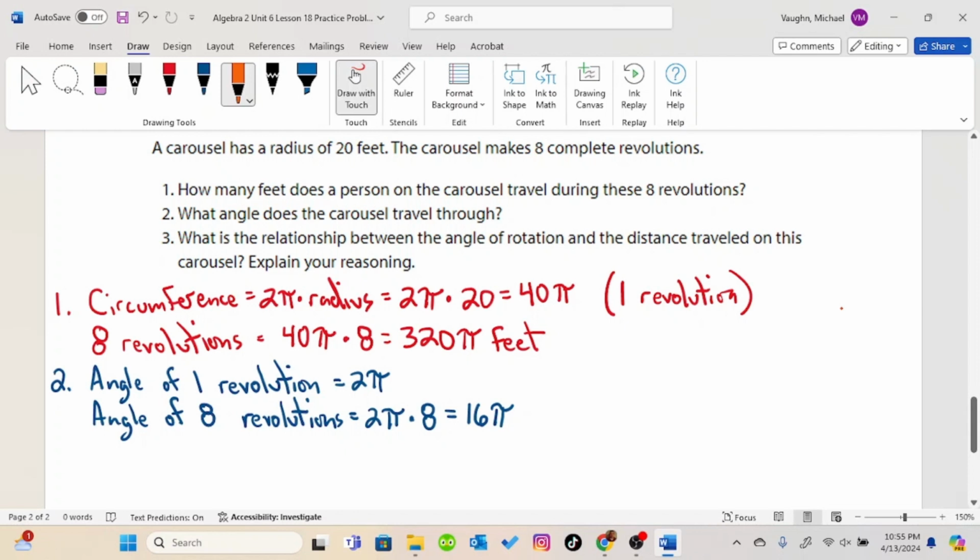Number 3, what is the relationship between the angle of rotation and the distance traveled on this carousel?